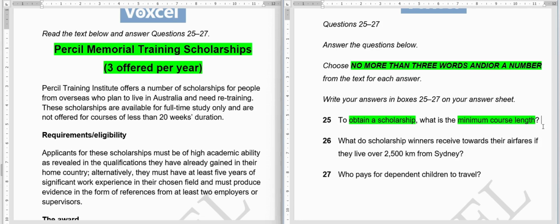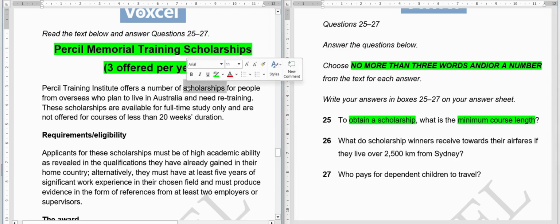Okay, let's read together now. What is the minimum course length? Percil Training Institute offers a number of scholarships for people from overseas who plan to live in Australia and need retraining. So they offer a number of scholarships for people who are coming from overseas, want to live in Australia and need retraining.